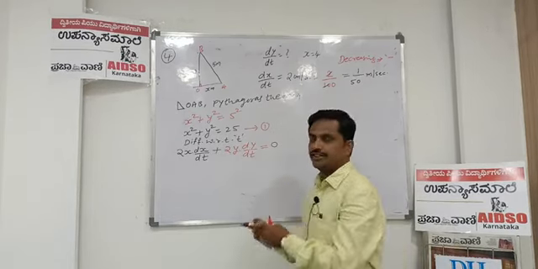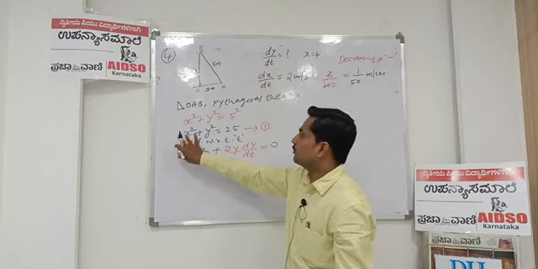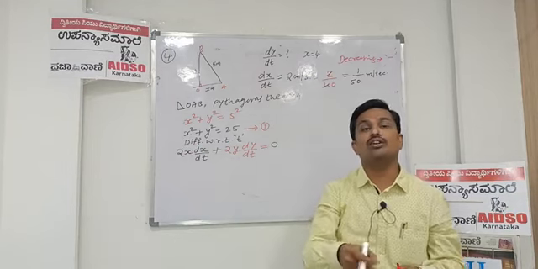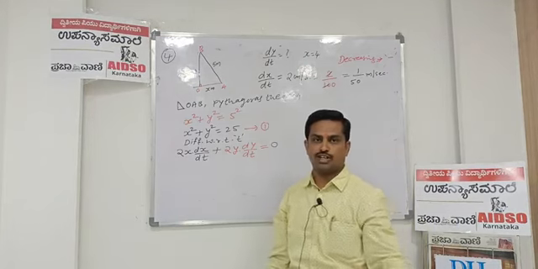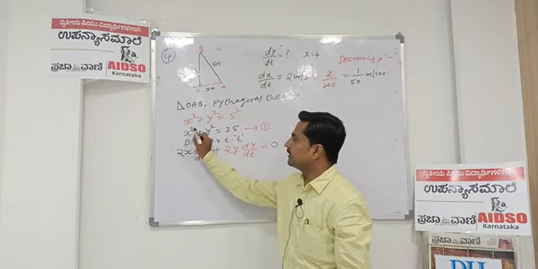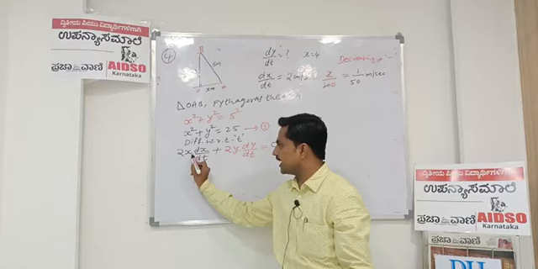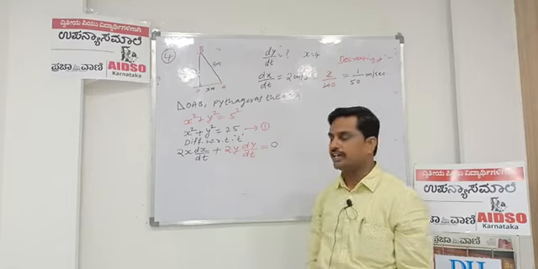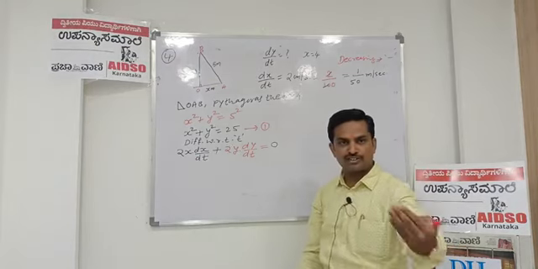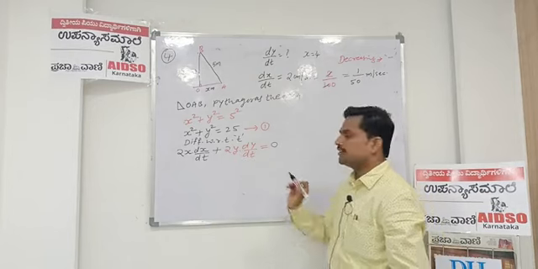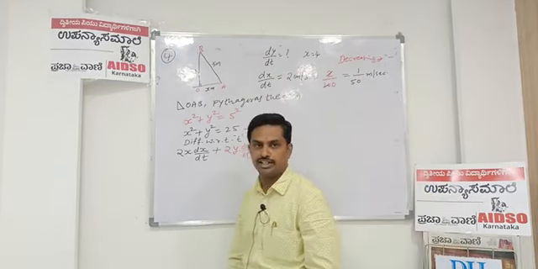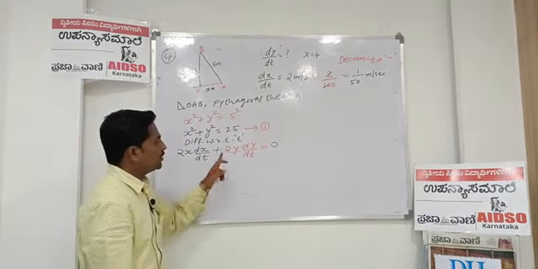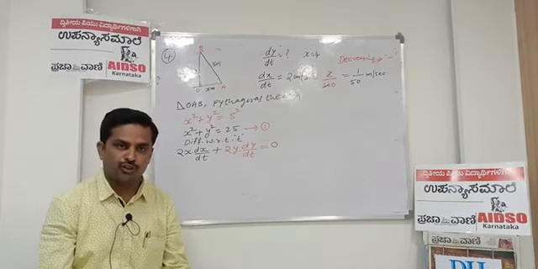As in the previous case, I have shown you the basic rule: the derivative of x raised to n is n x raised to n minus 1. Based on that, the derivative of x square is 2x times dx by dt, plus the derivative of y square is 2y times dy by dt. Now if you check, we can take 2 common or divide by 2.